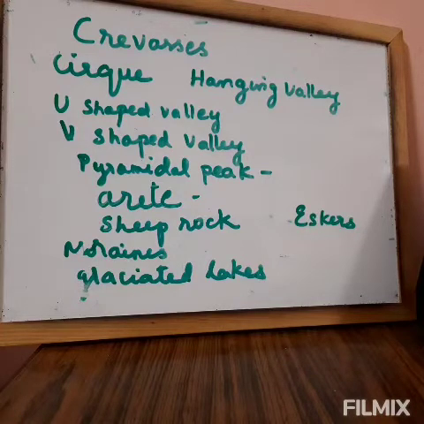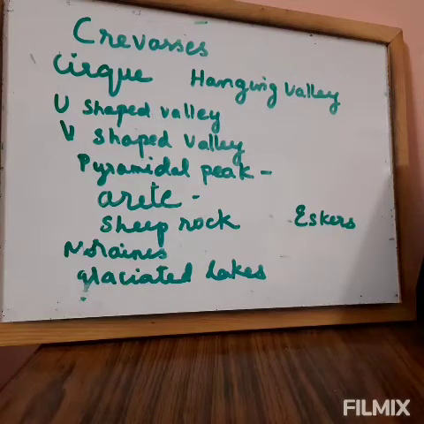The sides of the cirque look like an armchair. The formation which looks like an armchair is called a cirque. It is as if the mountain is scooped out. That much erosive activity is done by the glacier.